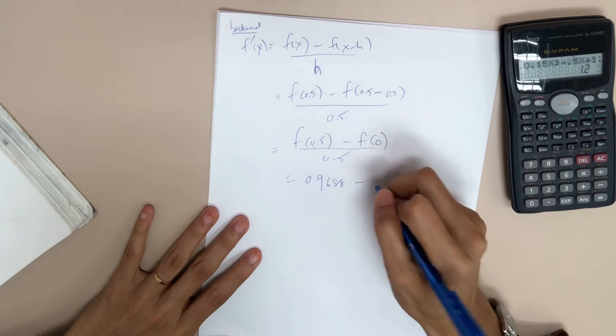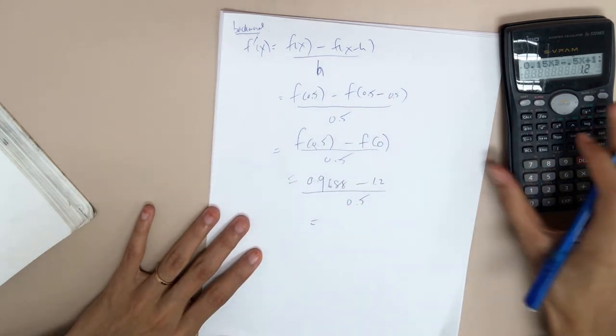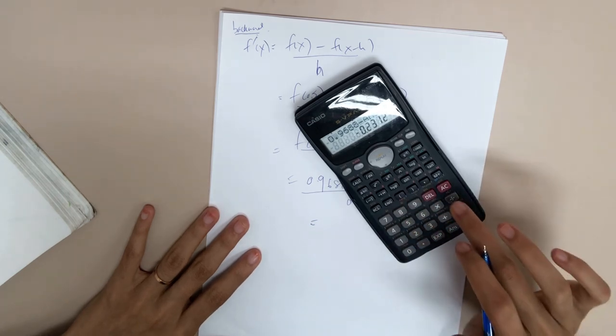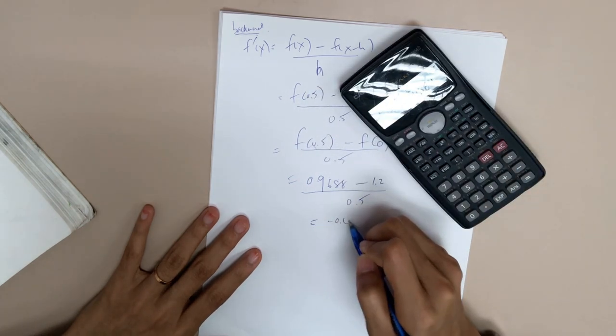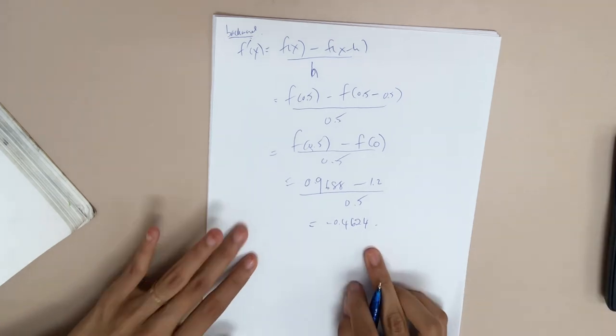So you have 1.2 and then 0.5. So the answer will be 0.9688 minus 1.2 divided by 0.5, so negative 0.4624. Okay, so this is the answer for backward.